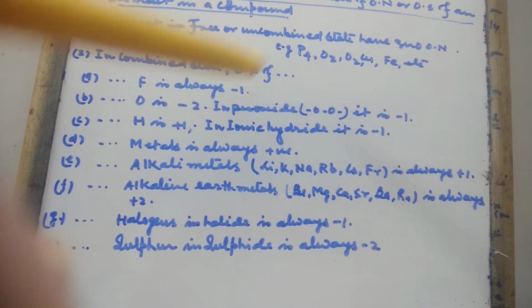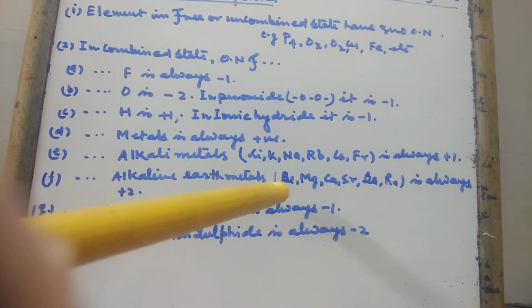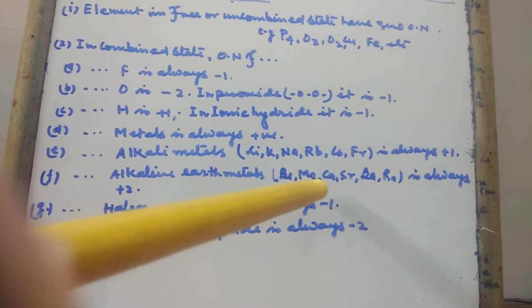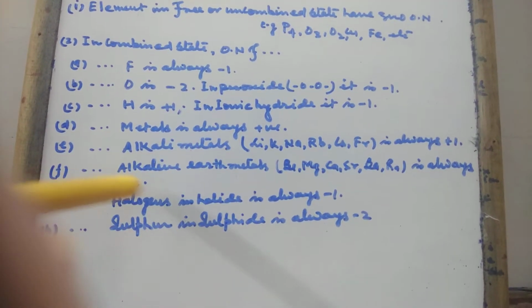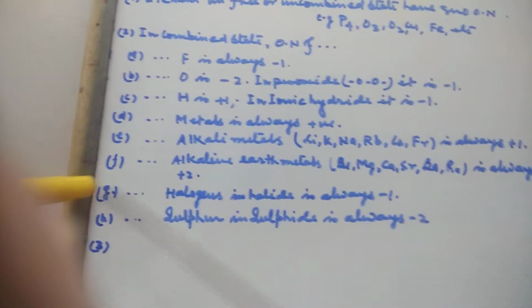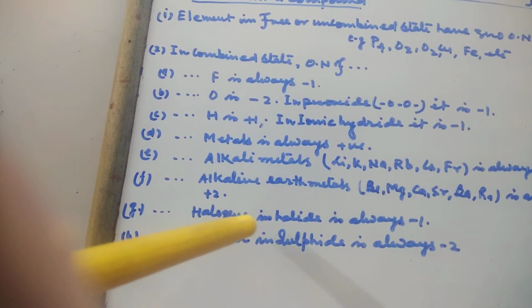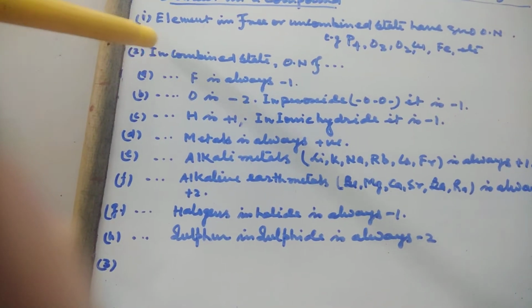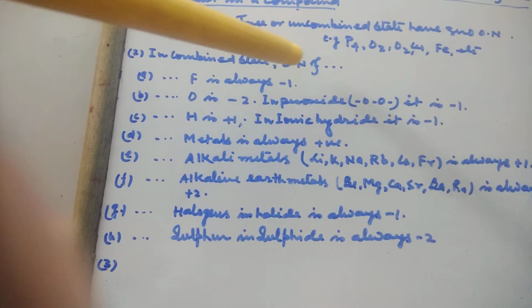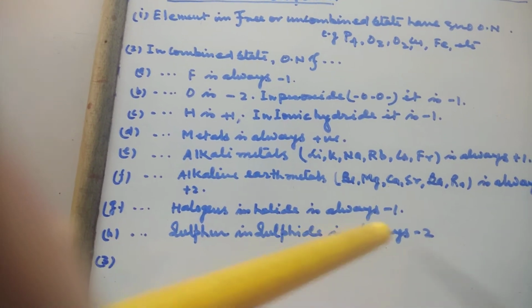The oxidation number of alkaline earth metals, beryllium, magnesium, calcium, strontium, barium, radium, is always +2. The oxidation number of a halogen in a halide is always -1. The oxidation number of sulfur in a sulfide is always -2.